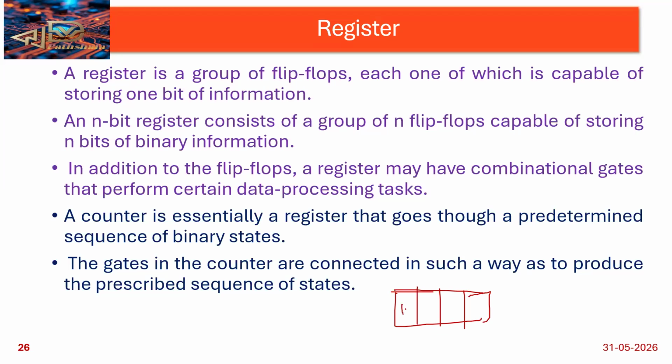So 1, 2, 3, 4, a 4-bit register will be formed, because one flip flop will store one bit only. How many bits you want in the register, that many flip flops I want. Suppose I want a 6-bit register, then 5 and 6 will be added together.